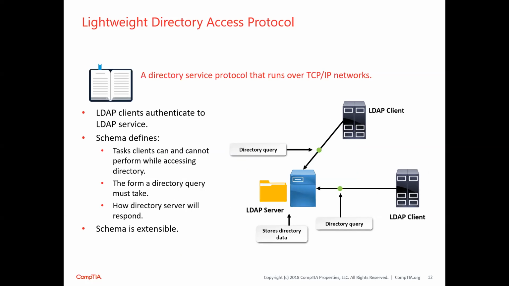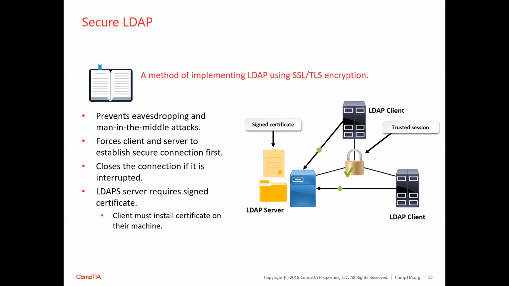We normally use a schema that defines the task, the form, and how the directory server will respond. You can use the LDAP protocol on Windows as well as on Linux.